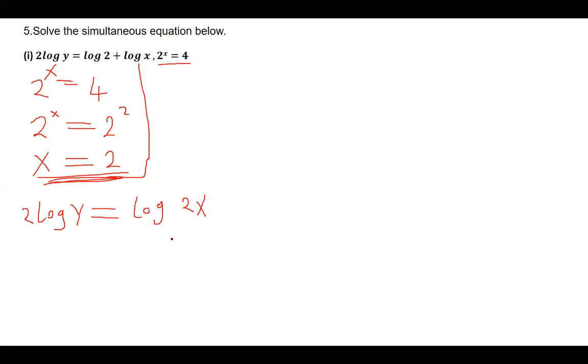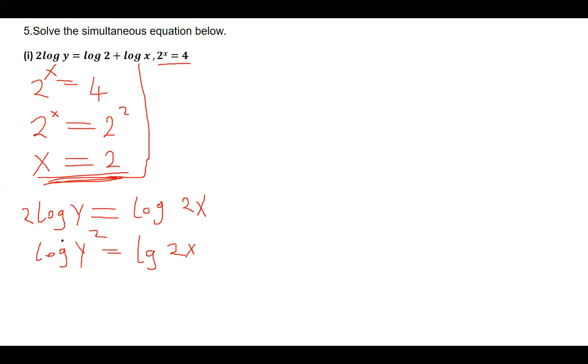Yeah, they are all in base 10. When they are in base 10, you don't normally indicate the base. So the 2 can go up there. So we're going to have something like log y raised to power 2 is equal to log 2x. If you don't want to be writing log, it's just the same thing.